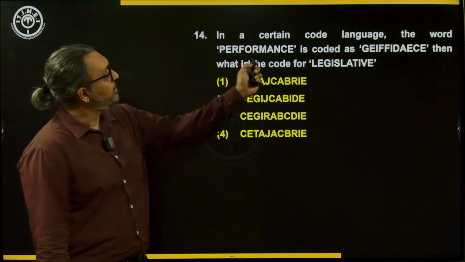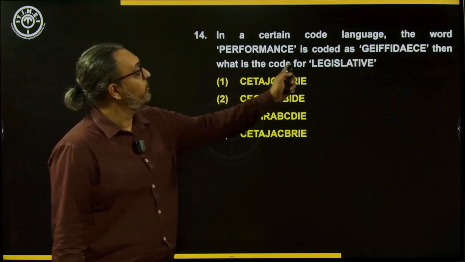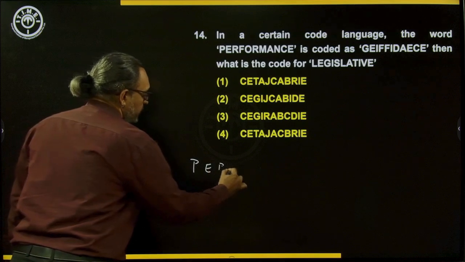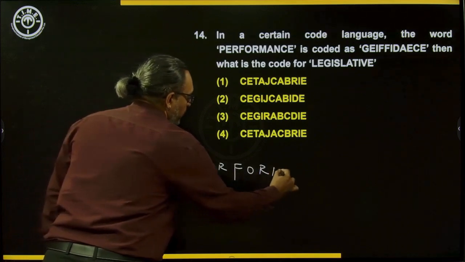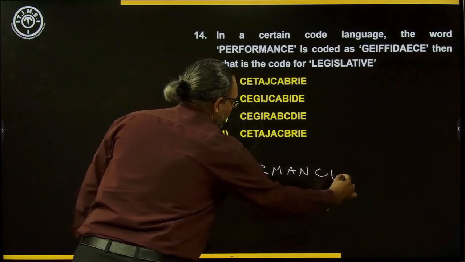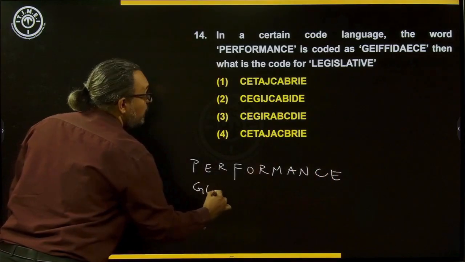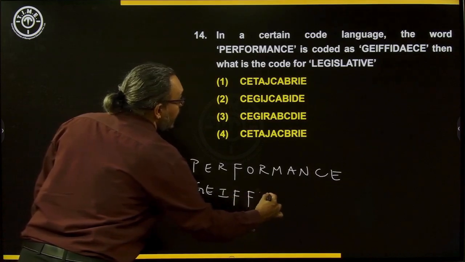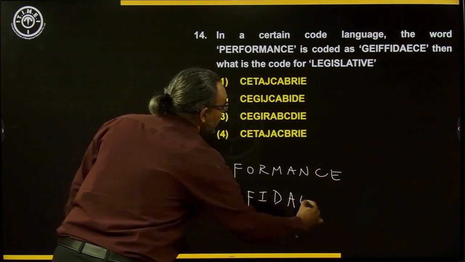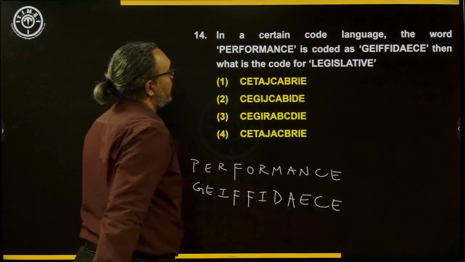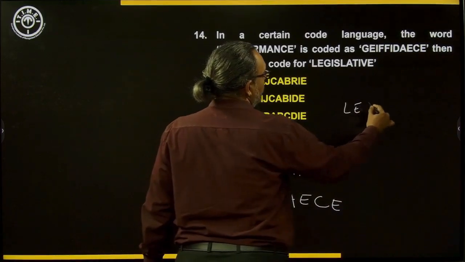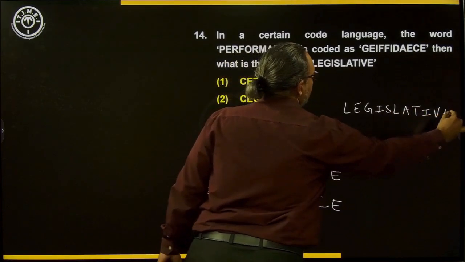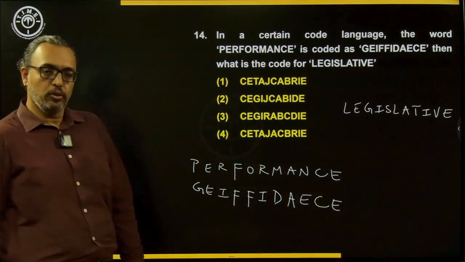Then in a certain code language, the word performance is coded as GEIFFIDAECE. Okay, then how is the word legislative coded is the question. Okay, let's see.